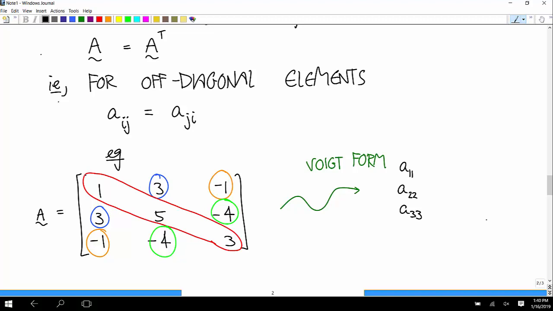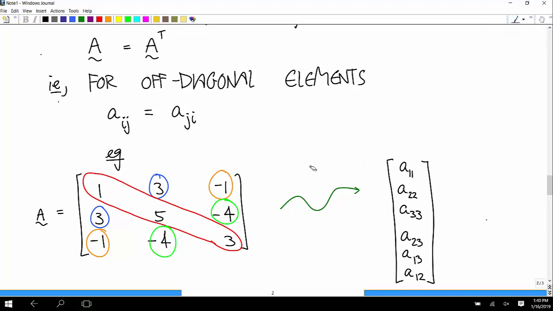And so whoever designed Voigt form was like, I'm going to do it backwards of that. And they were the first one, so they got to choose. There could be a mathematical reason for it, but the off diagonal elements are exactly opposite of what you would think. It's A23, A13, A12. And that's literally how I remember the order of it. I think about what makes sense and then I do the opposite of that.